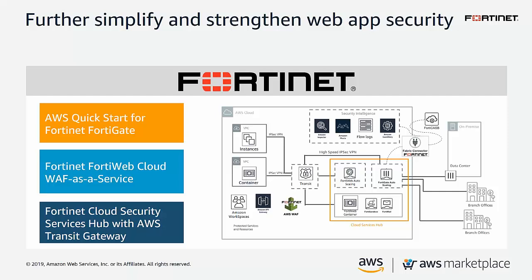And then finally, Fortinet have a Cloud Security Services Hub, which essentially brings together a lot of the management capabilities across different Fortinet tools to give you a single pane on that. One of the key pieces here is around transit gateway.